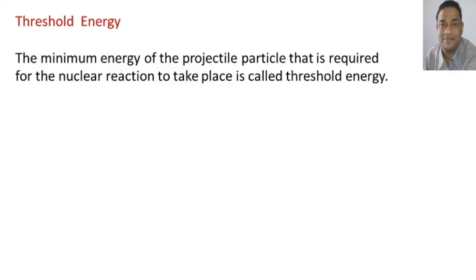If the energy of the projectile particle is not sufficient, then the nuclear reaction may not take place. The minimum energy of the projectile particle that is required for the nuclear reaction to take place is called threshold energy.